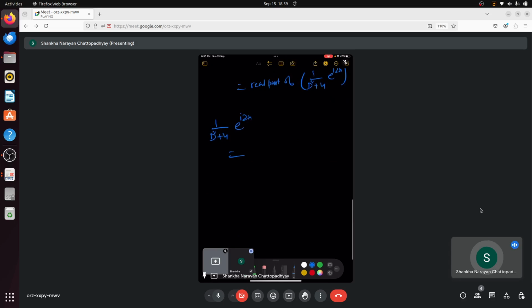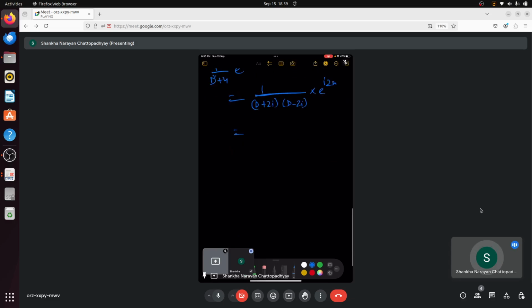See, D² + 4 is (D + 2i)(D − 2i), so it is 1 by (D + 2i)(D − 2i) on e^(i2x).